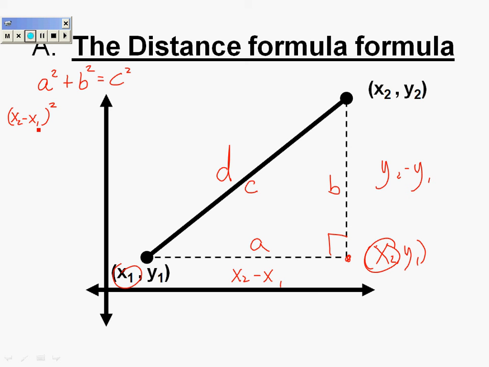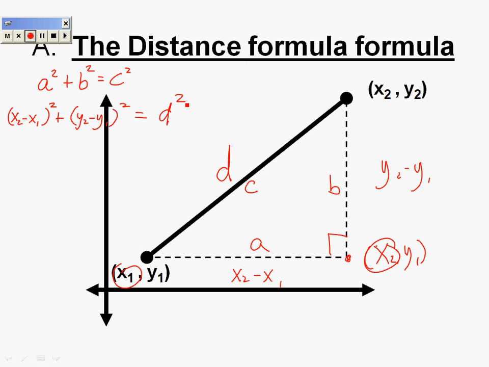So instead of a squared, we have x2 minus x1 squared, plus, what's b? y2 minus y1 squared. And then we have c. What letter am I using for the hypotenuse? We're going to use d for the distance, and it's c squared, so we have d squared.